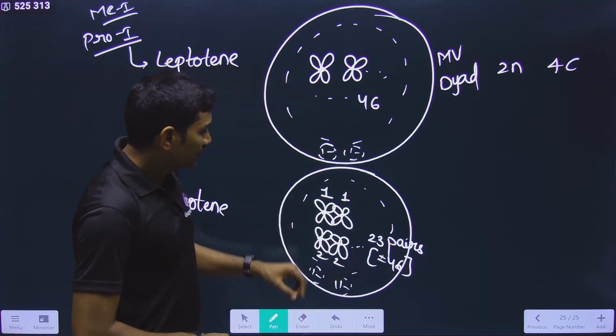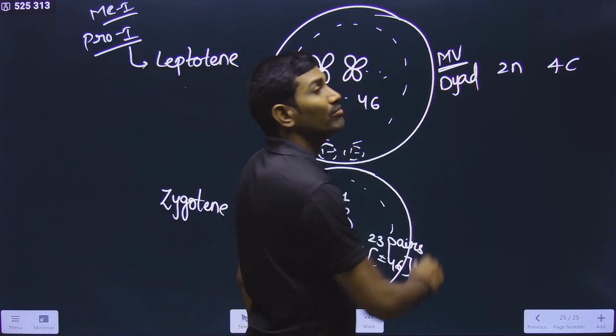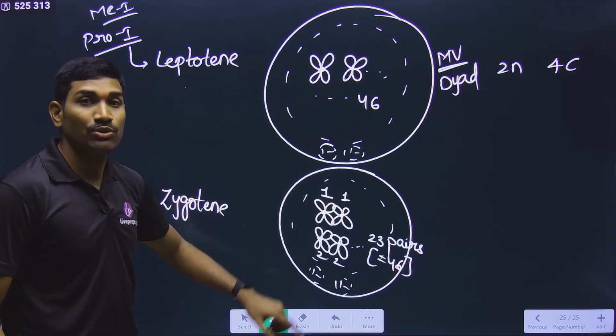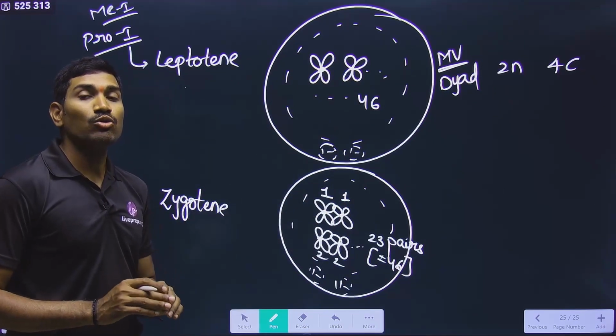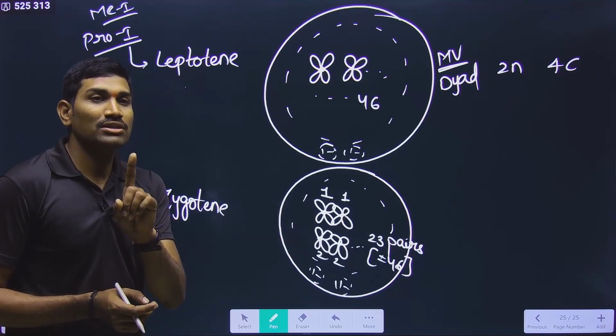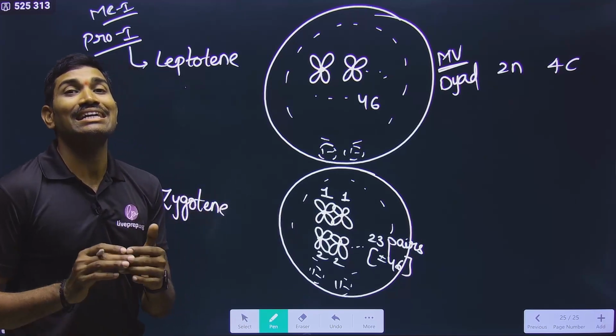Here they are not paired. Here individual chromosomes, that's why monovalent. But here chromosomes are attached. It is a condition. You cannot use the term bivalent chromosome; it is a condition.